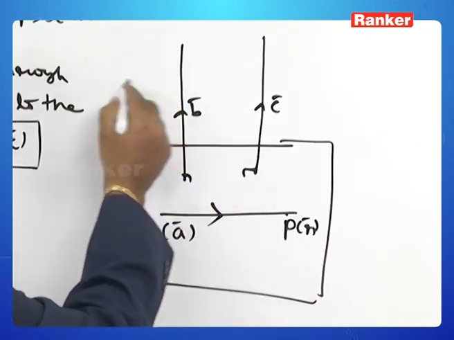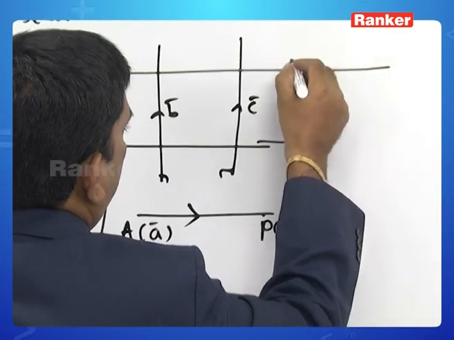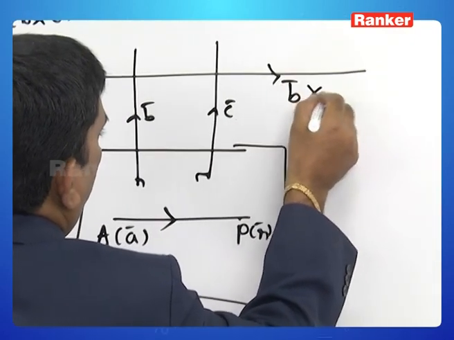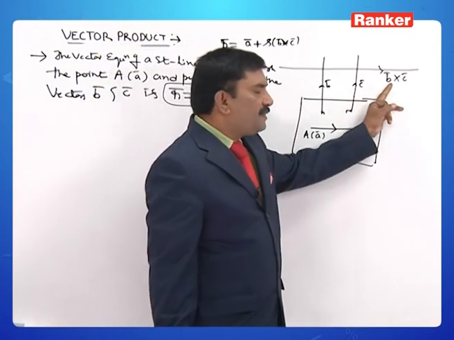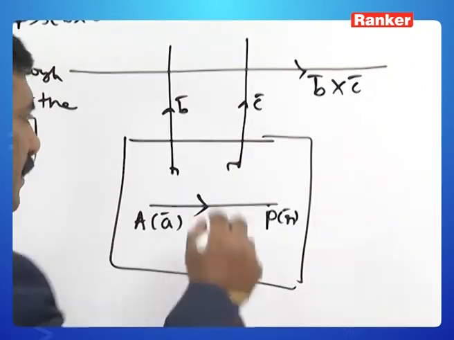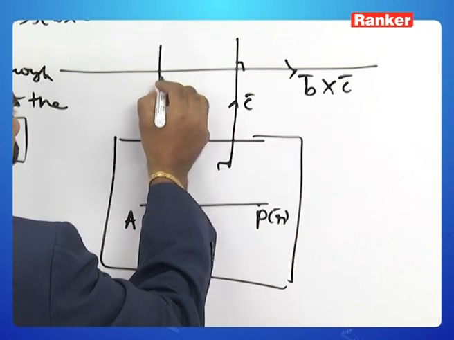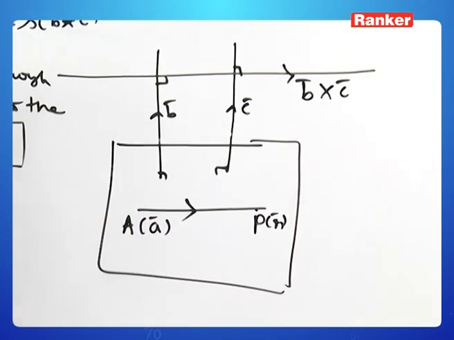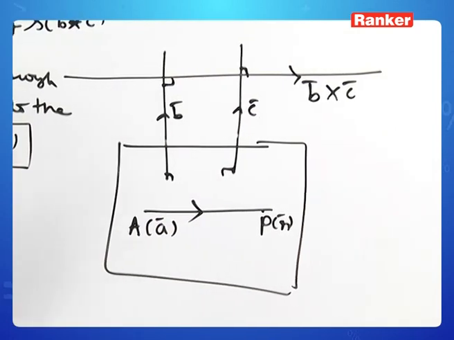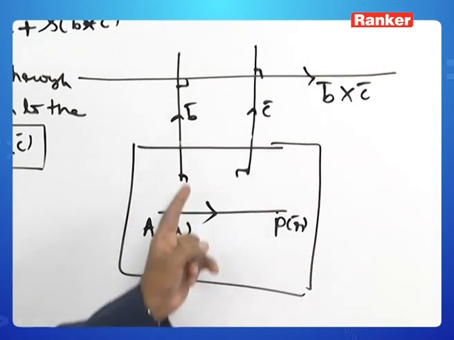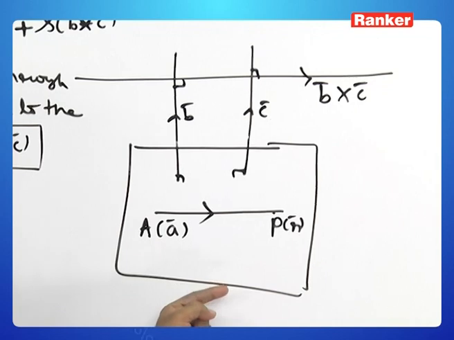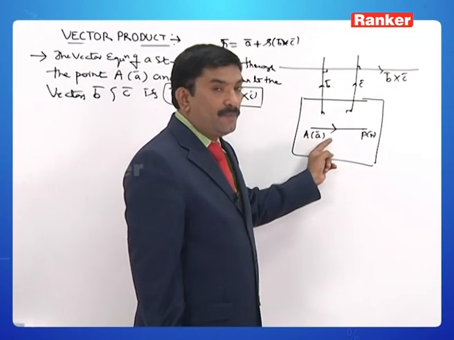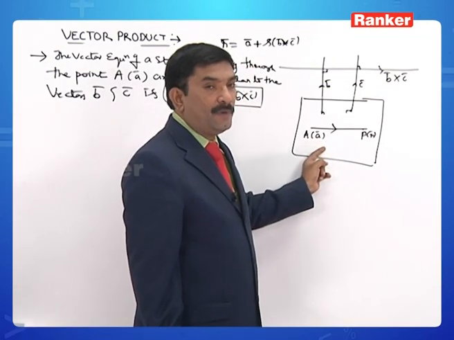You take the cross product of these two vectors. This is nothing but B bar cross C bar. This B cross C, in a rough figure, is perpendicular to these two vectors. Again, B bar and C bar are perpendicular to this plane, so they are also perpendicular to AP bar. This is a line passing through the point A of A bar.